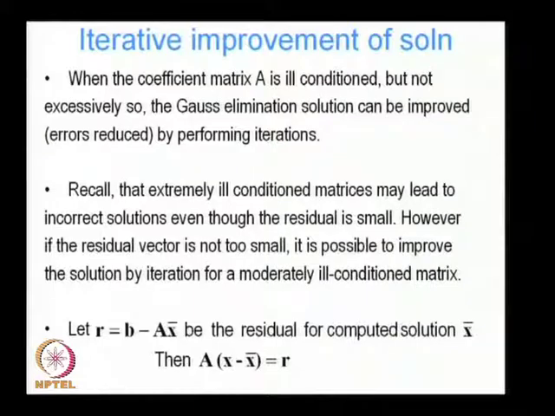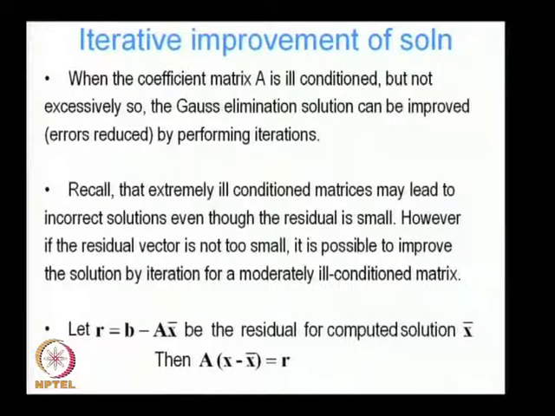In that case, it does not make any sense to try to improve the residual, because we are not guaranteed that we are improving the solution by reducing the residual. Otherwise, if the coefficient matrix is not too ill conditioned, by reducing the residual we can improve the accuracy of the solution. What do we mean by extremely ill conditioned and moderately ill conditioned? We will talk about those definitions later on in this lecture.